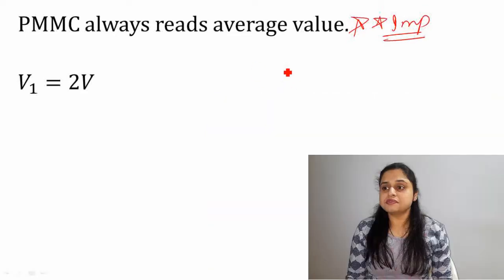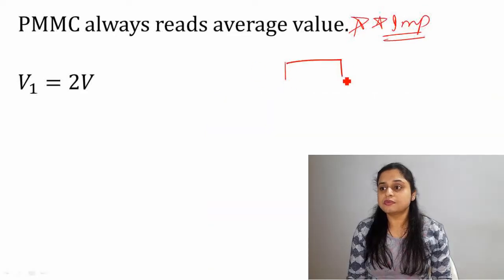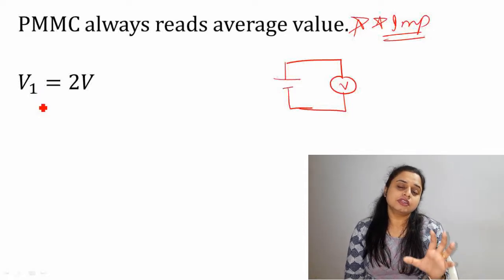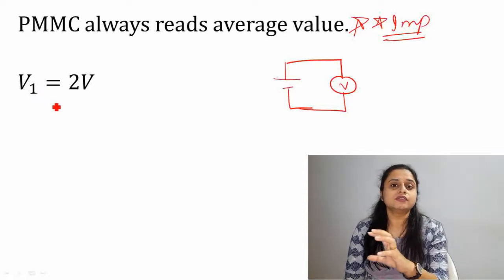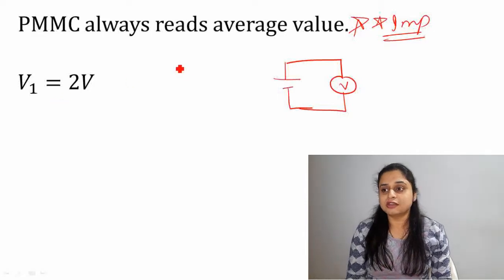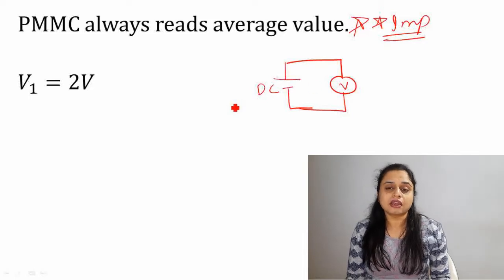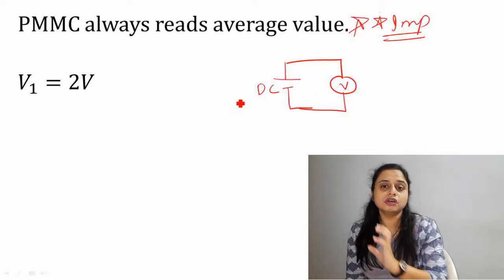Whenever the PMMC as a voltmeter is connected to the DC supply, the voltage given is your V1, which is 2 volts. That means your DC supply is 2 volts. Here the voltmeter is always connected in parallel to the supply, or you can say to the load.